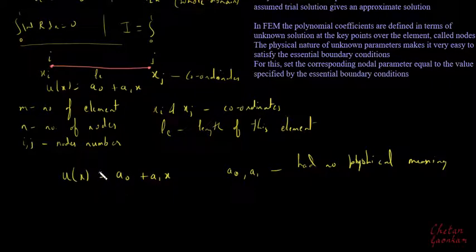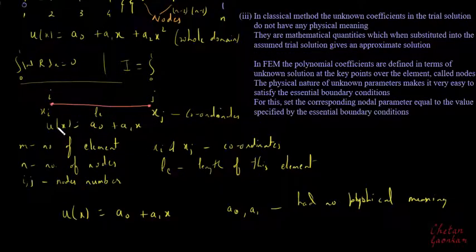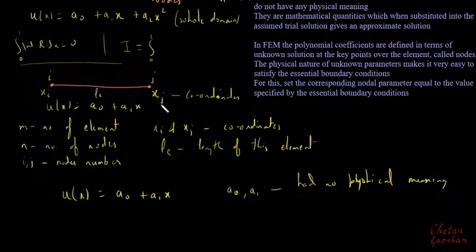But in case of finite element method, one of the basic concepts of finite element formulation is that this trial solution is expressed in terms of unknown solutions at the nodes. That means here this u of x is the solution of this element, but if I want to find the solution at node i, then that will be ui, and at node j the solution will be uj.